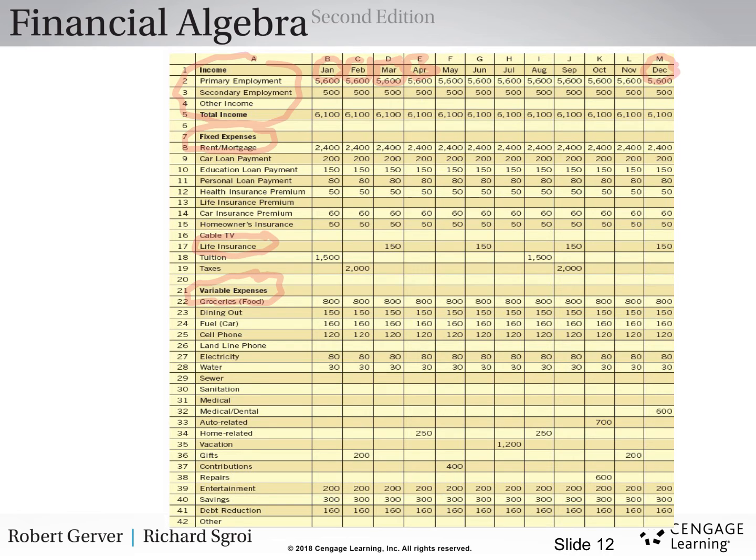Life insurance, they only have to pay in March, in June, and let's see, September, and then again in December. Vacation, which I talked about earlier. Notice they only have that listed for July, okay? Because that's when they took their vacation, and that's when they spent that money.